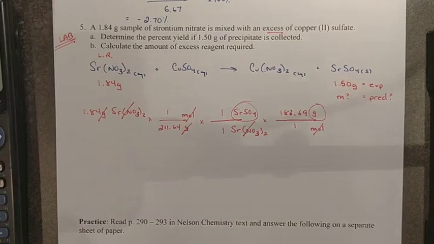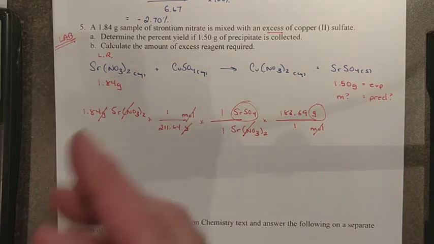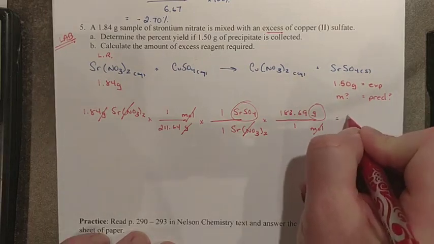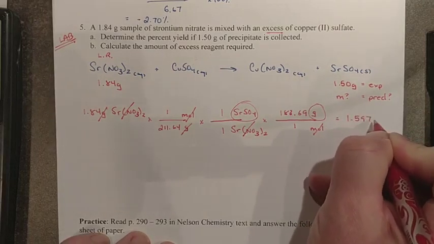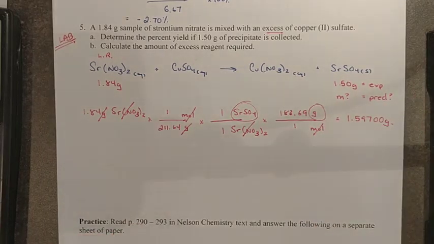So we run that through our calculator really quickly, and 1.84 divided by 211.64 times 1 divided by 1, I don't need that in the calculator, and then times 183.69 gives me 1.59700 grams of strontium sulfate that I was supposed to get.